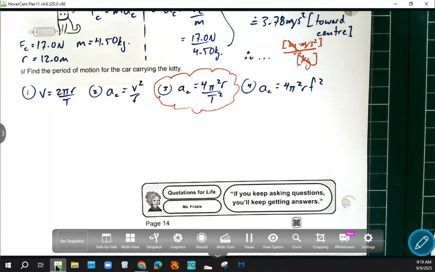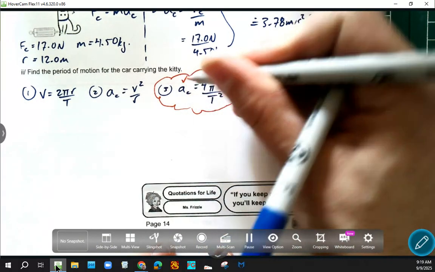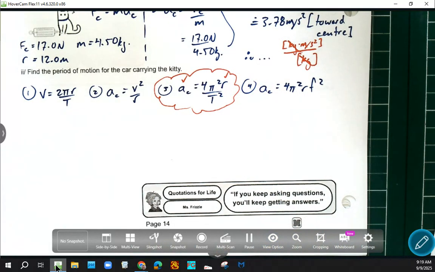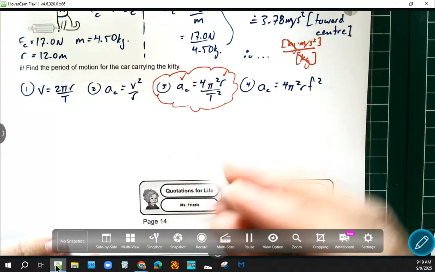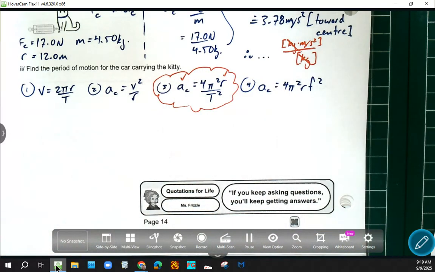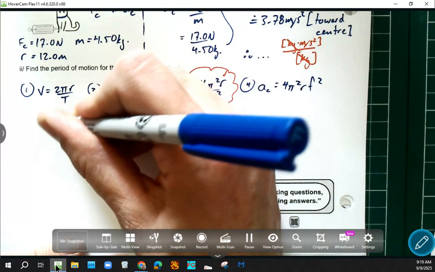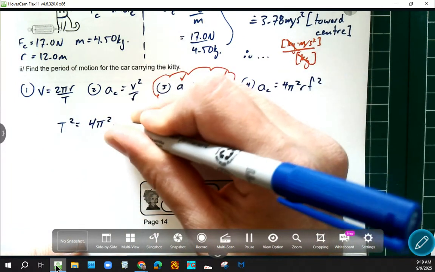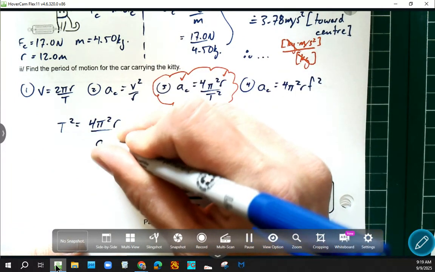Let's take a look. Quick inventory. I know the centripetal acceleration, pi is a given, 4 is a given. We know r, we want to know period. We just got to do a little bit of rearranging, not a whole lot. If you like, we can even just cross multiply it. And we can say period squared is equal to 4 pi squared r over AC.